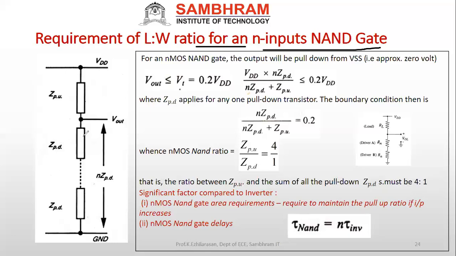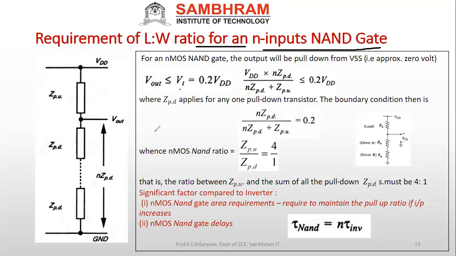So if the number of inputs N increases, then how are we going to find out the L by W ratio, how much should your pull-up be? Because that is very important, as the number of inputs increases in the pull down transistor, then what about the ratio in the pull up? So now further, here you see this portion is nothing but N into ZPD, where N is the number of input variables.